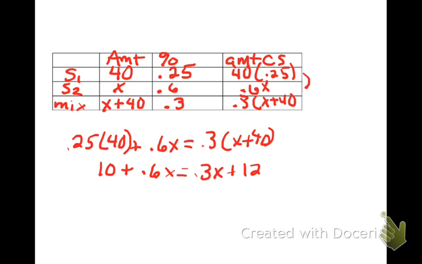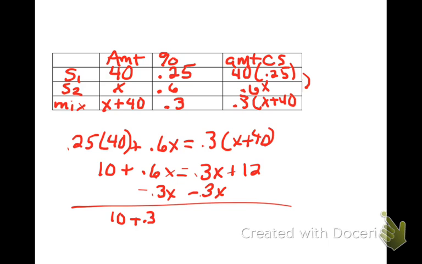Again, I'm going to subtract 0.3x from each side. So I get 10 plus 0.3x equals 12. I'm going to subtract 10 from each side. Get 0.3x equals 2. Up here so you can see my last step.